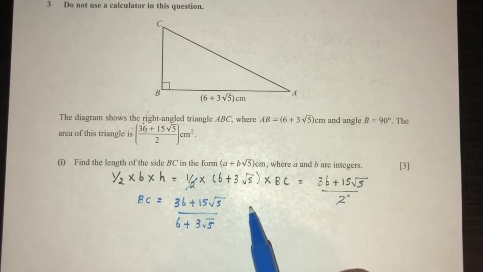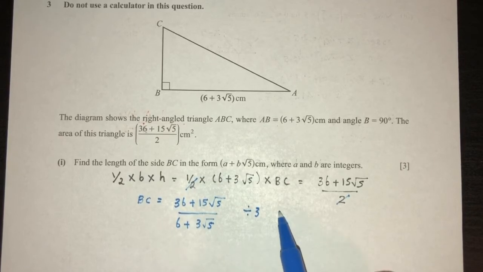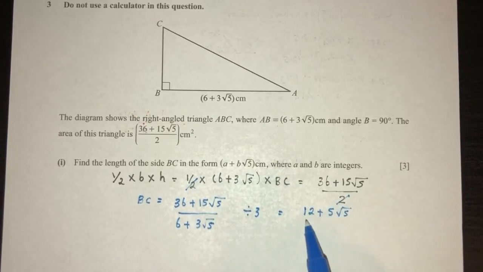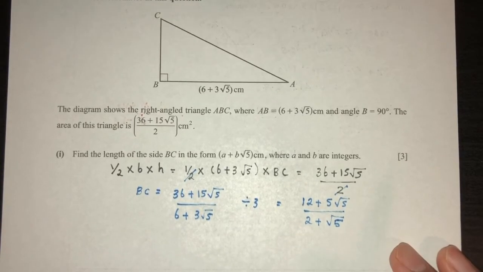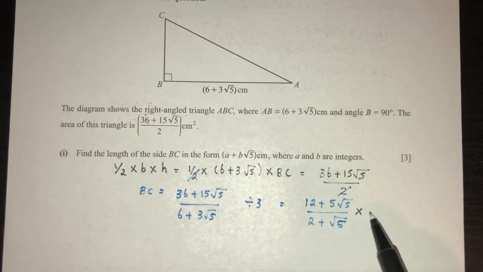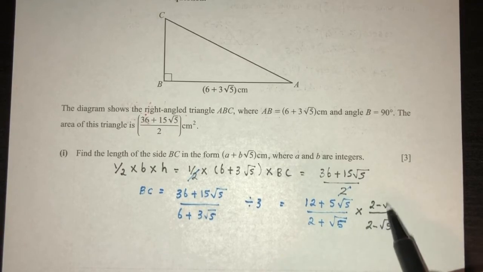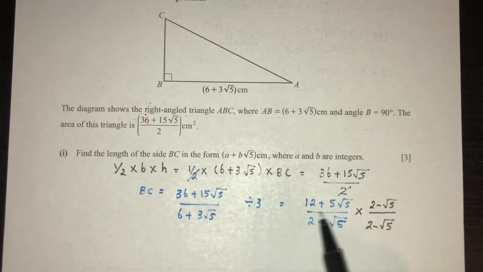Now we can simplify. Let's divide everywhere by 3. You will have 12 plus 5 root 5 divided by 2 plus root 5. Now we have to simplify this fraction. Multiply by 2 minus root 5 on top and bottom, because it is the conjugate of this one.